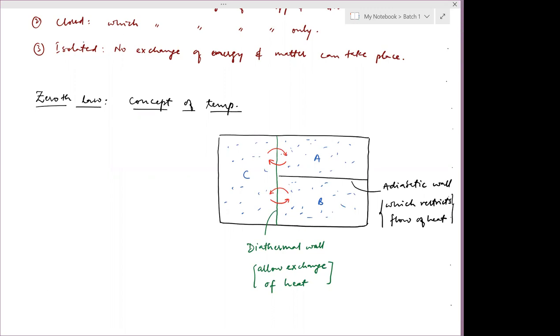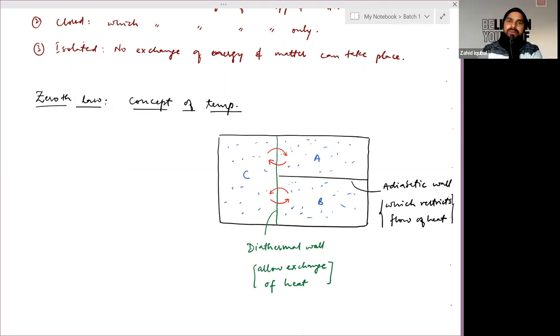Yes, sir. So from this part, we can say we have two thermodynamical systems, A and B, individually in thermal equilibrium with third system, C. Then on attaining thermal equilibrium, temperature of A becomes equivalent to C. Similarly, temperature of B becomes equivalent to C. Hence, A and B must be in equilibrium with each other.